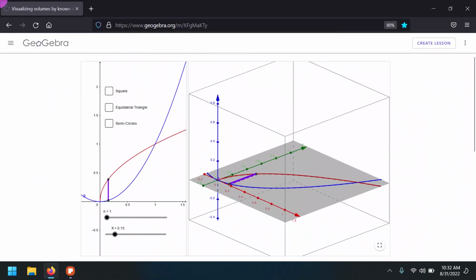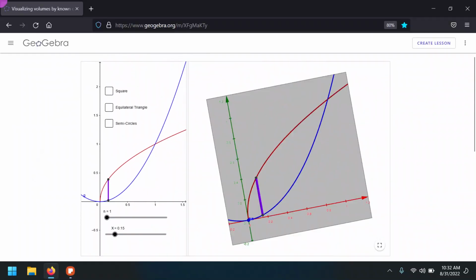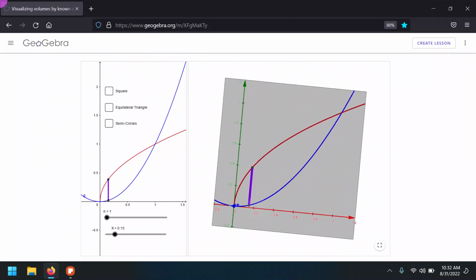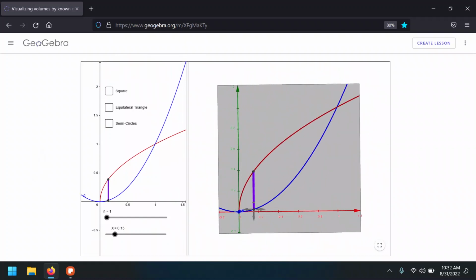Well, suppose, again, we're setting up the integral between the square root of x and y equals x squared, to keep a very simple region. Of course, what we did in the first part of this section is to rotate about the x-axis or the y-axis.